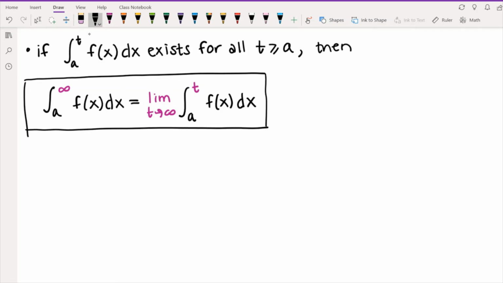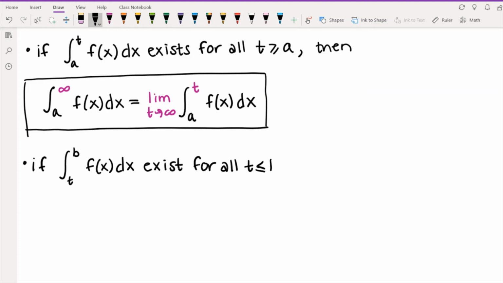Okay, so next one, and we'll see an example of this type in a little bit. If instead one of your bounds is negative infinity, then it's going to have to be true that this integral exists for all t less than or equal to b. But again, here's the important part.